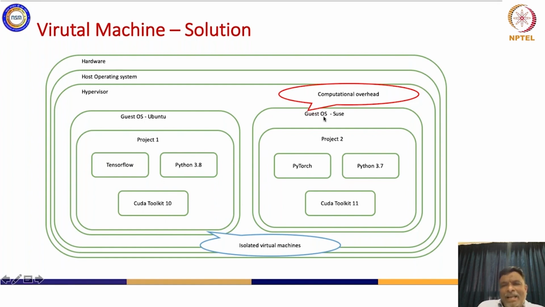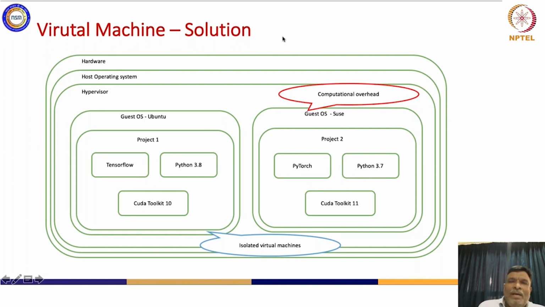Then there is another virtual machine which again has a guest OS like SUSE Linux or something, and then you work with PyTorch, Python 3.7, and CUDA Toolkit 11. These are isolated virtual machines in the sense that project 1 could work on this, and project 2 could work on the same system, right?